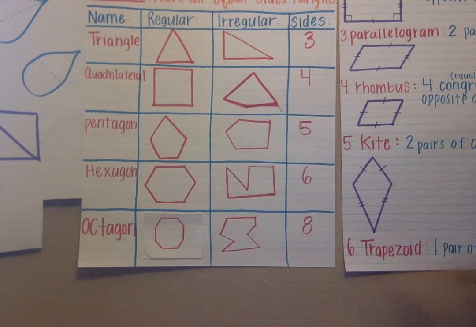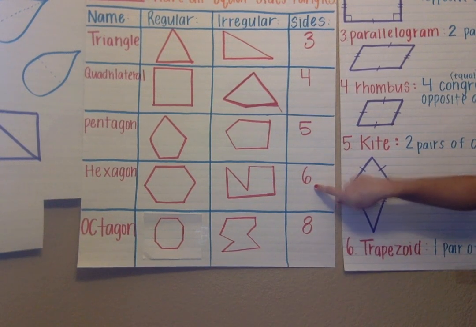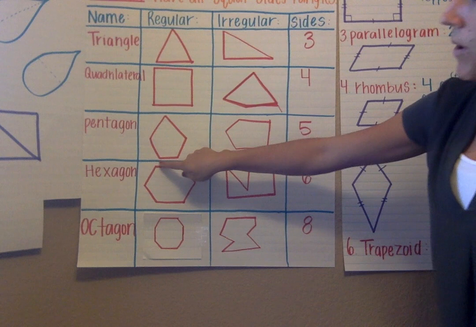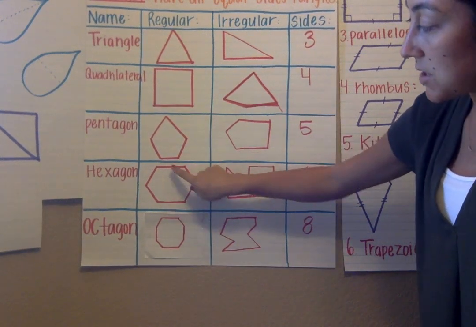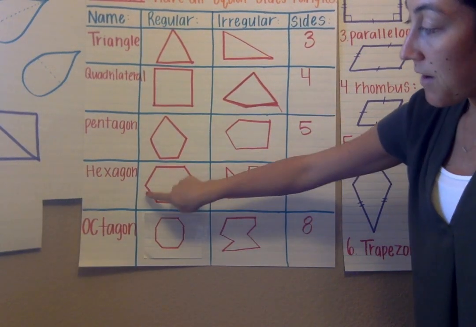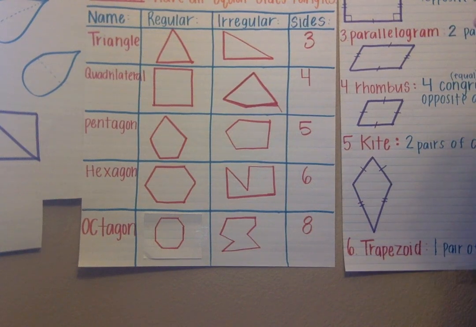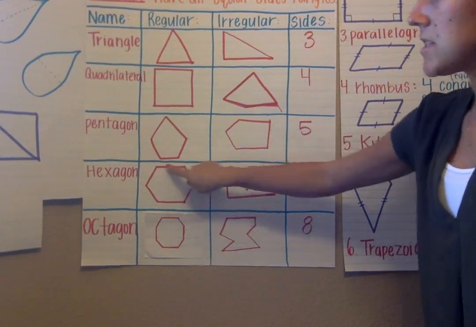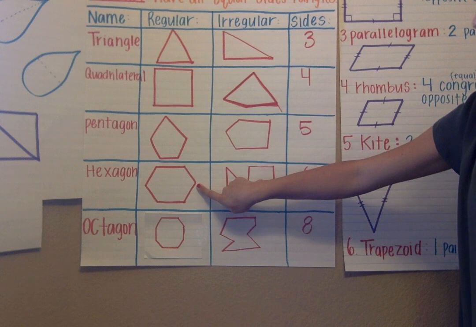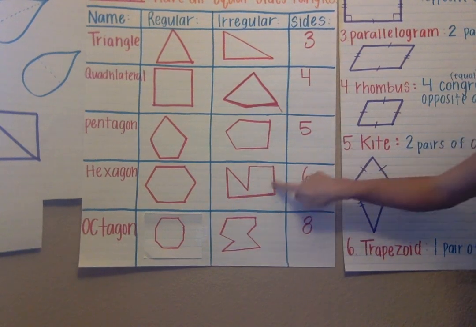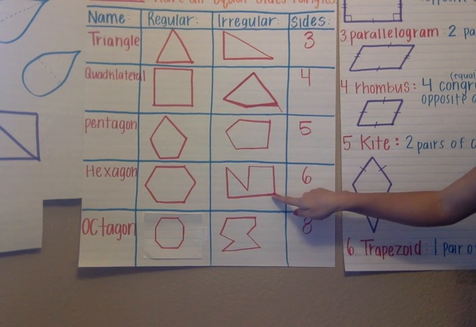A hexagon is a shape with 6 sides. So this is a hexagon. You see 1, 2, 3, 4, 5, 6. All of these 6 sides are equal, so this is considered regular. Whereas you look at this guy over here and it doesn't look like a regular shape at all.